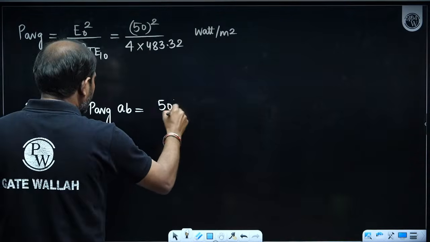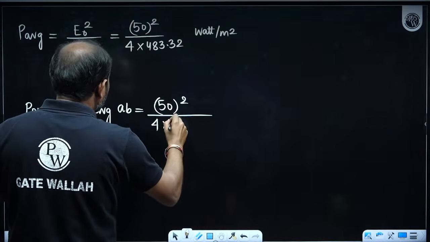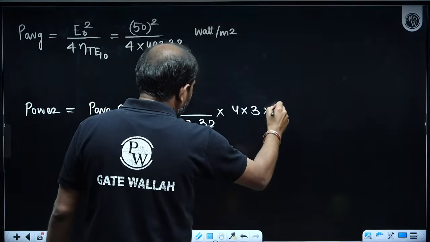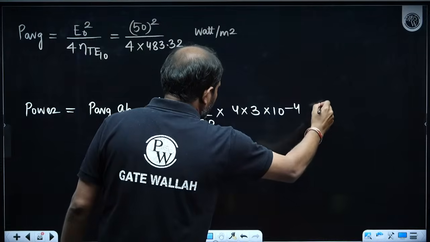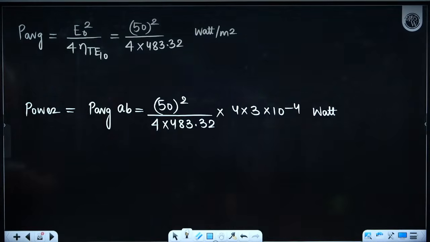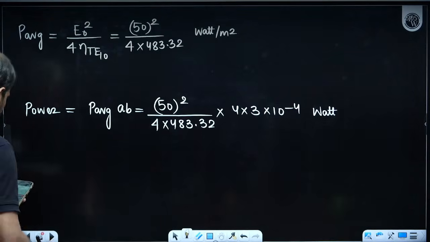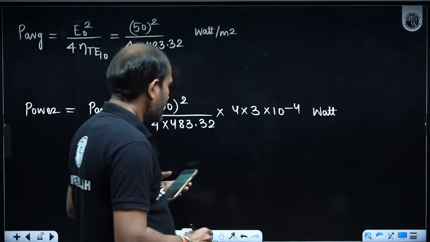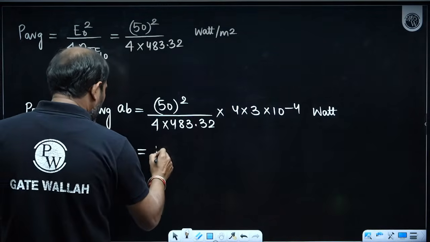So 50 whole square divided by 4 times 483.32, with A equal to 4 centimeter, 10 raised to power minus 2. In milliwatt it will be 1.55 milliwatt.